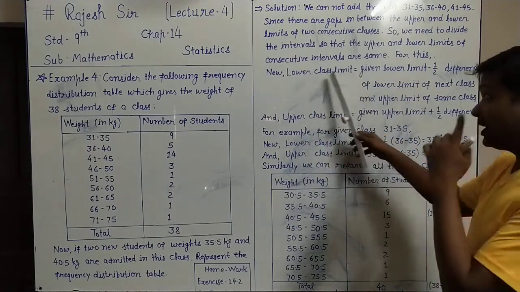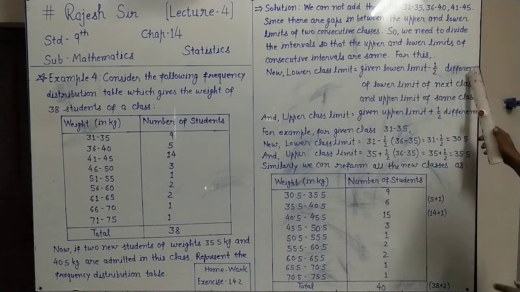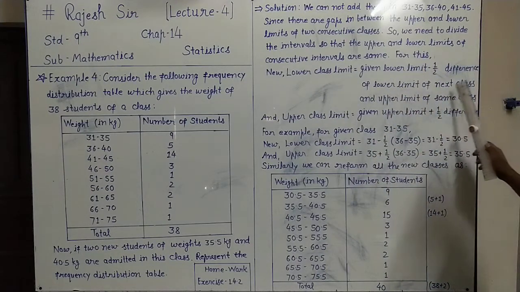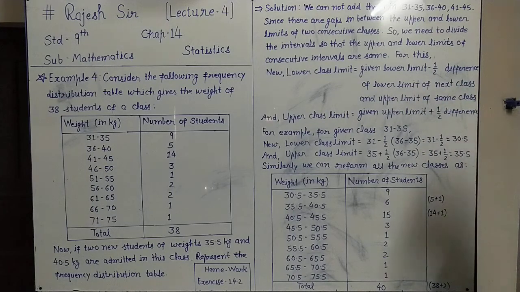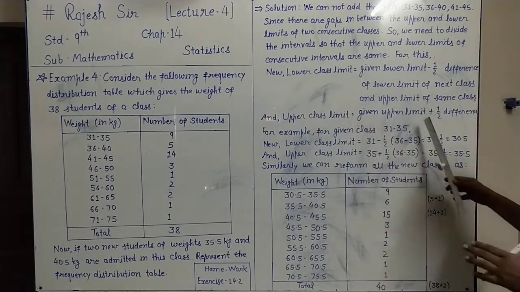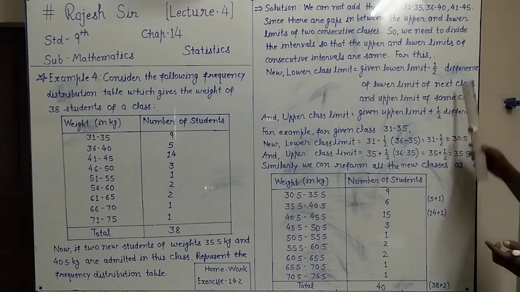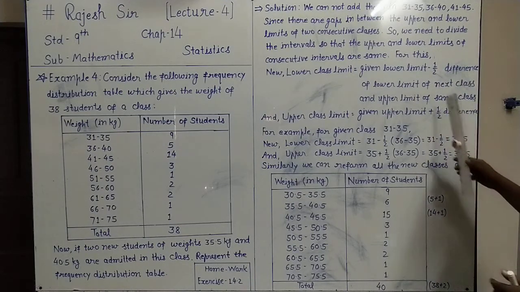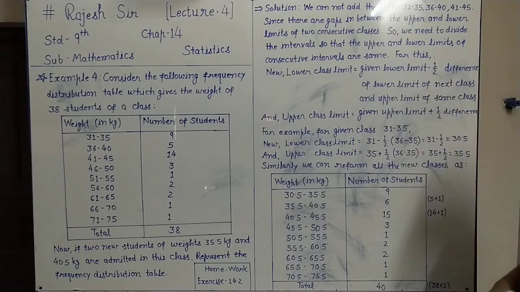The new lower class limit equals the given lower limit minus half of the difference of the lower limit of the next class and the upper limit of the same class. And to find the upper class limit, the given upper limit plus the same difference. What is the difference? The difference of the lower limit of the next class and the upper limit of the same class. You have to take the difference of these two, and half.